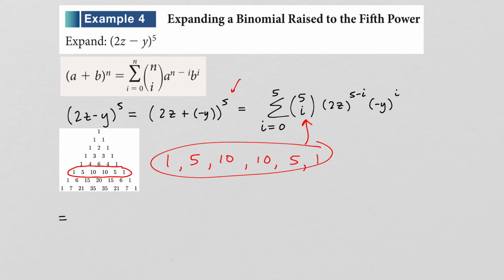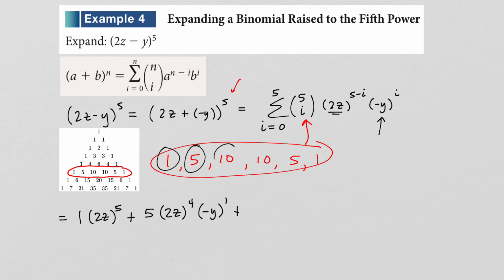We are going to start with 1, and then we will have 2z to the fifth power, plus, next term we will have 5 times 2z to the fourth power, and then we have to bring in our other factor, which is negative y to the first power. Next one's going to be 10 times 2z to the third times negative y squared.